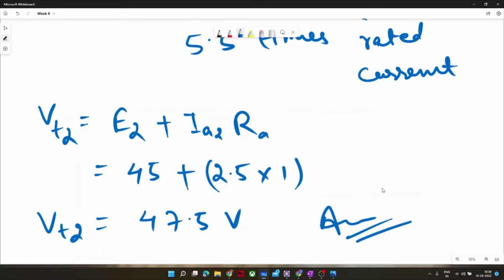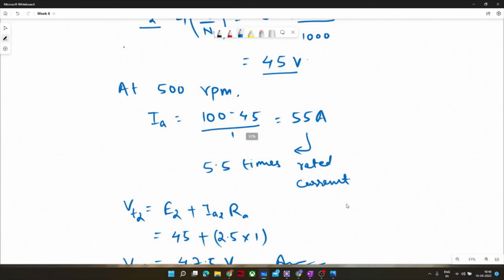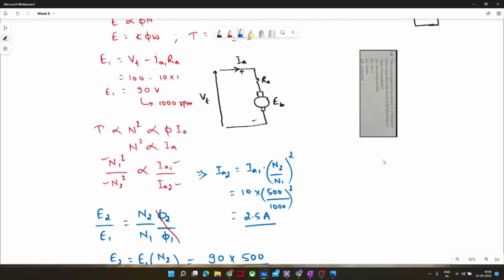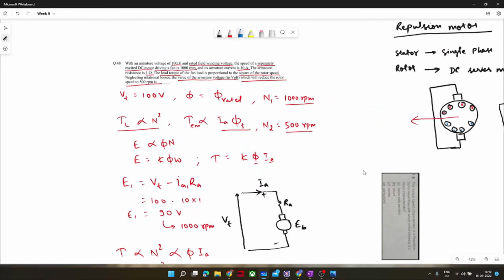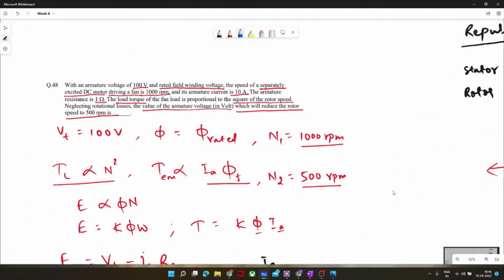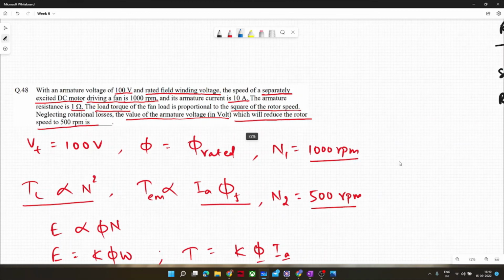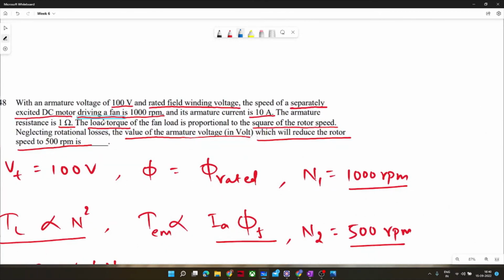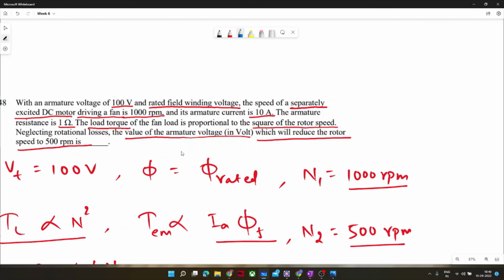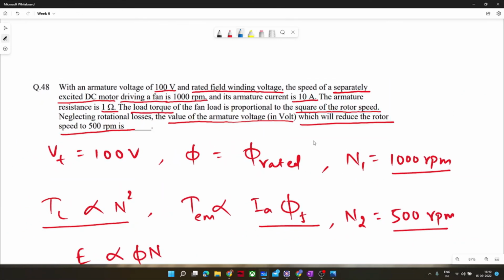So any doubt in this problem? I will summarize it once again. In the problem, it was asked that the load torque has the characteristics of a fan and varies with the square of the rotor speed. The rated voltage was 100 volt. The motor driving the fan had a rated speed of 1000 rpm and a rated armature current of 10 ampere.